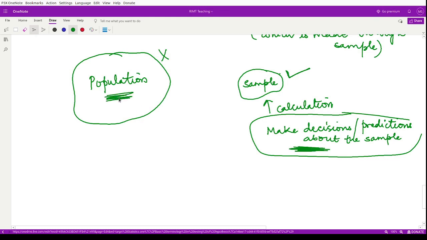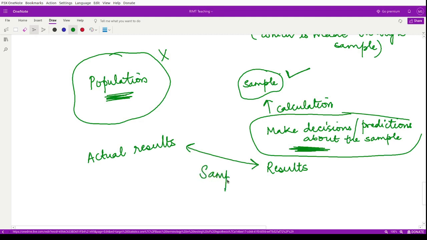Whatever the actual results, which are the parameters for this population, and whatever results you got by applying statistics to your sample, the error between these two is known as sampling error.